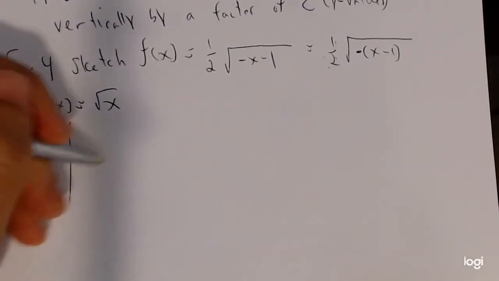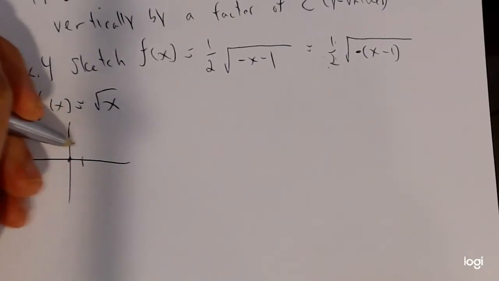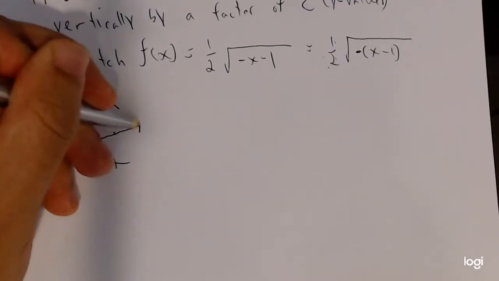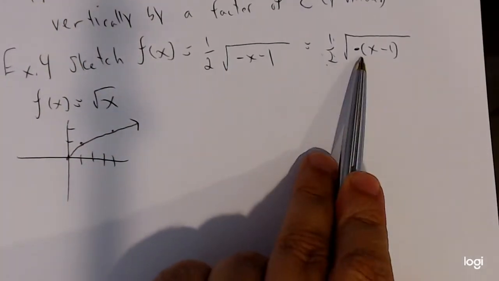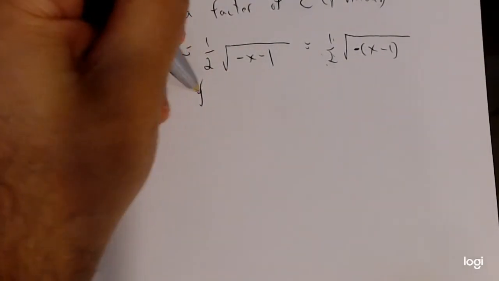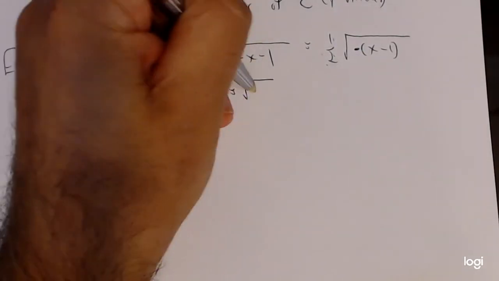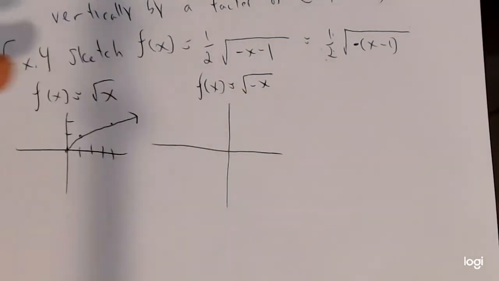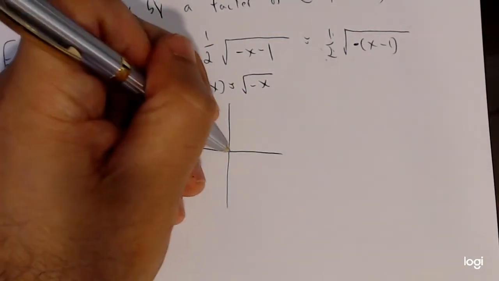I'm going to graph that: 0, 0, 1, 1, 4, 2. And then what am I going to do? I'm going to reflect it because of that minus. So it'll be f of x equals square root of negative x, which literally grabs the graph and reflects it about the y-axis.